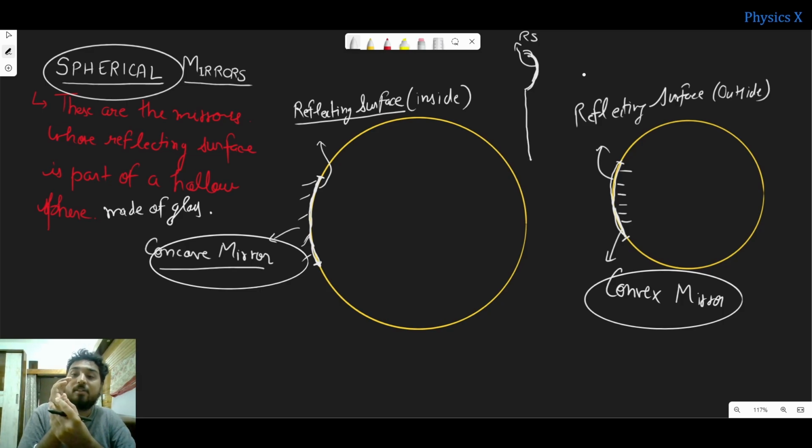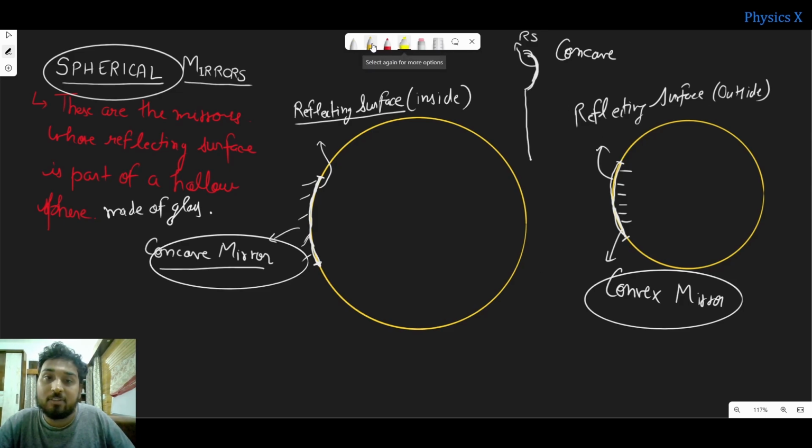So you can learn by this analogy that concave means a cave, an inside bulging type of shape, and when the reflecting surface is on this side, it is called a concave mirror. Similarly, if you consider the reflecting surface on this side, it will be a convex mirror. So this is the meaning.